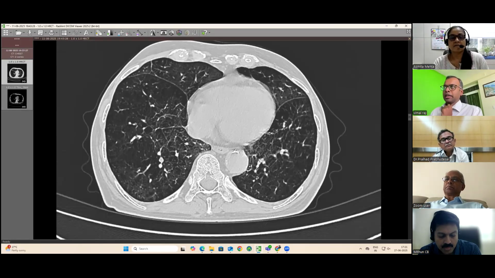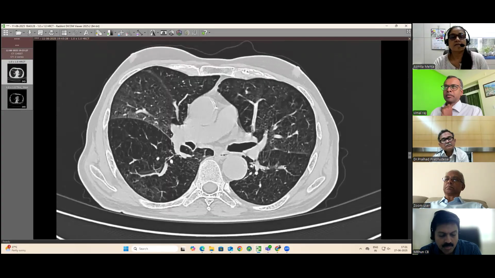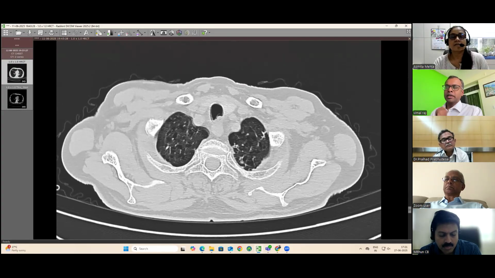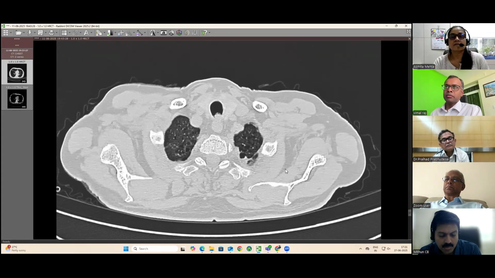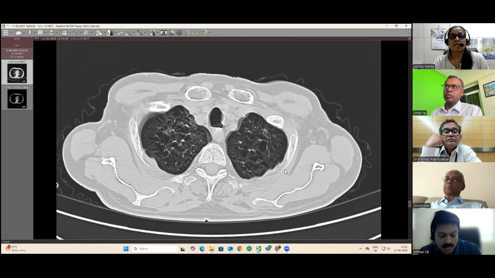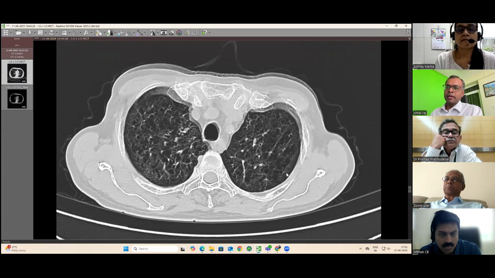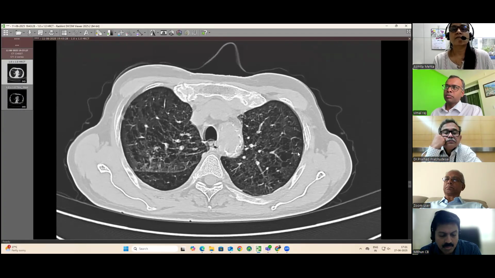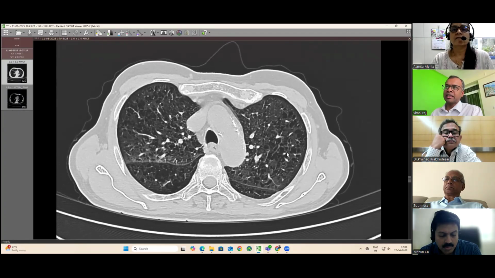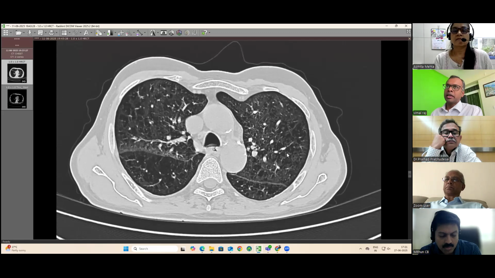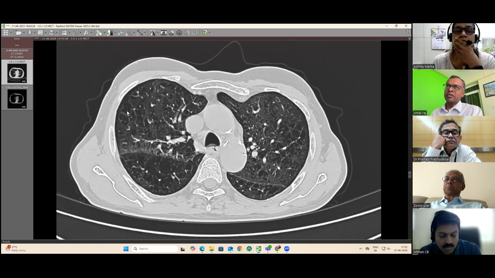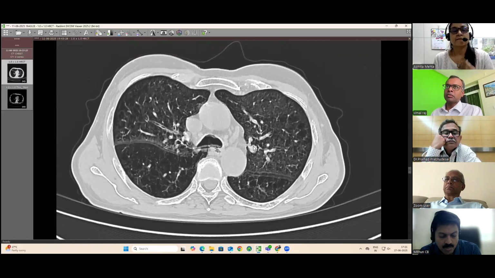When we look at the lung parenchyma, I'll start from the top. He struggled to hold his breath, but what we can see at the top very clearly is a lot of emphysema. There are a lot of breathing artifacts also. There's centrilobular emphysema, and you can see all these central dot signs that we keep talking about.